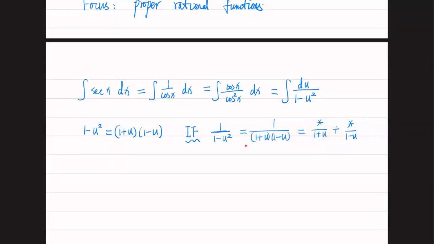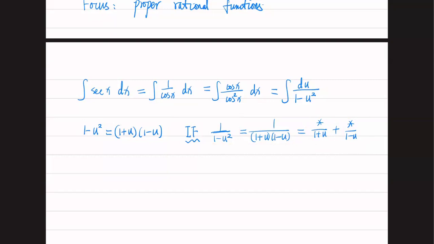The integral of the addition will be the addition of the integrals. If we can break this into simpler parts, we can integrate them one by one. And this step is the partial fraction to break a complicated rational function into simpler ones.